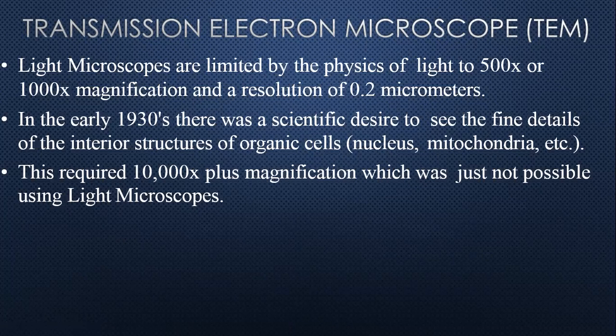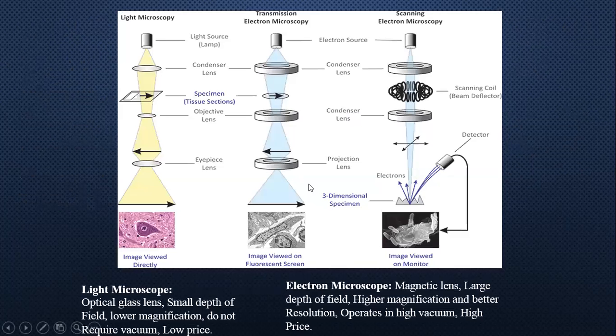This particular need required 1000 times more magnification, which was just not possible using the light microscope. And that was the need of the time, which led to the invention of the transmission electron microscope.